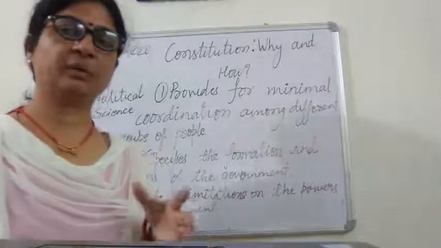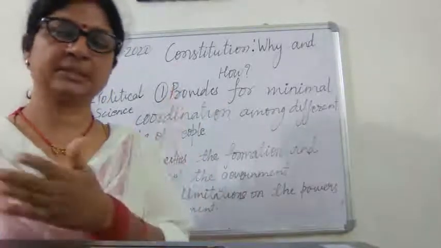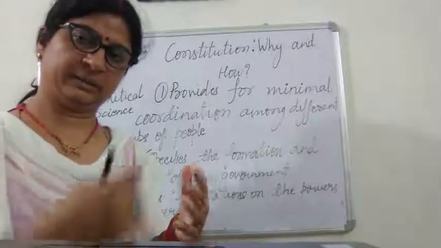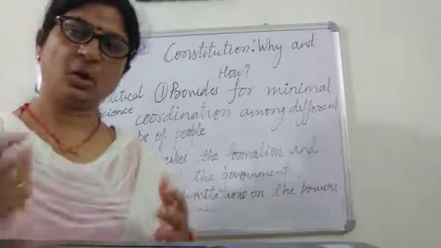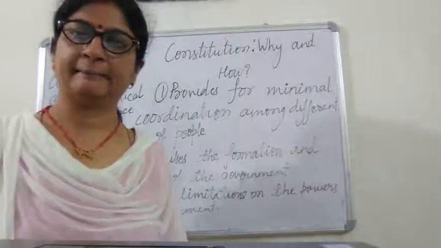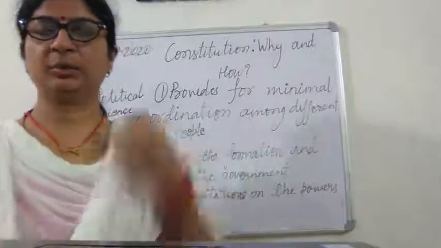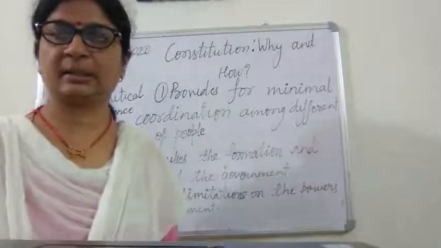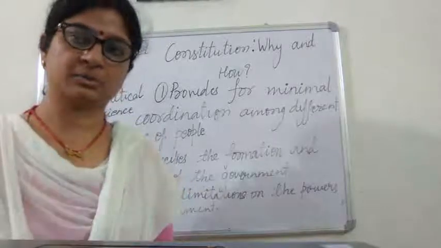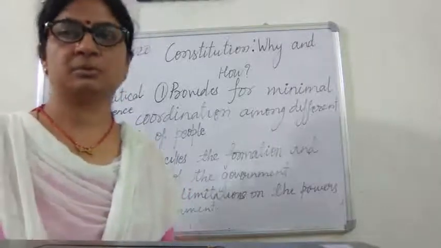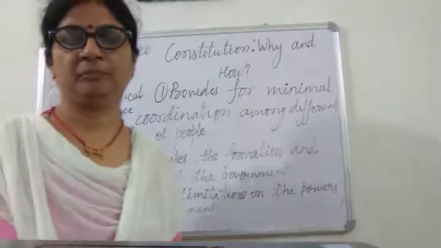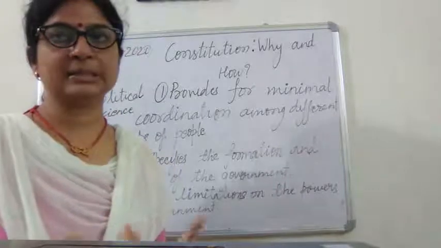Entrenched inequality वो inequality होती है जो बहुत बहुत पीछे से चली आ रही है, और वो इतने लंबे समय से that is in practice, it is in practice for such a long time कि हम उसके used to हो जाते हैं, हमें वो unnatural लगता ही नहीं है। हम ये feel करने लगते हैं कि ये जो inequality जो भी exist कर रही है that is natural, क्योंकि वो बहुत पीछे से उस तरह की inequality होती आ रही है society में। So we become used to all these things and we don't consider it as a form of inequality. We consider it as natural. So this is entrenched inequality.